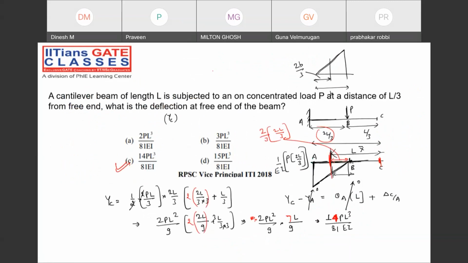All of you are getting 14PL cube divided by 81EI. All of you are getting the same answer.